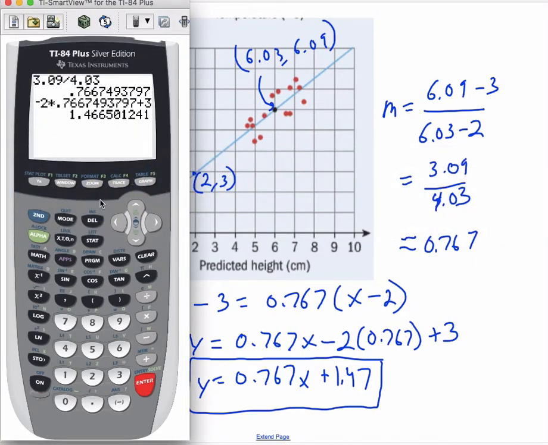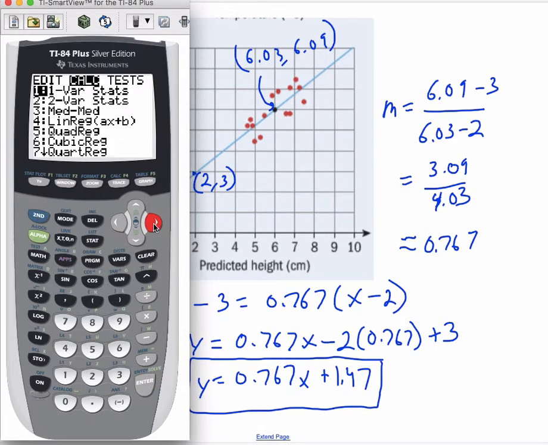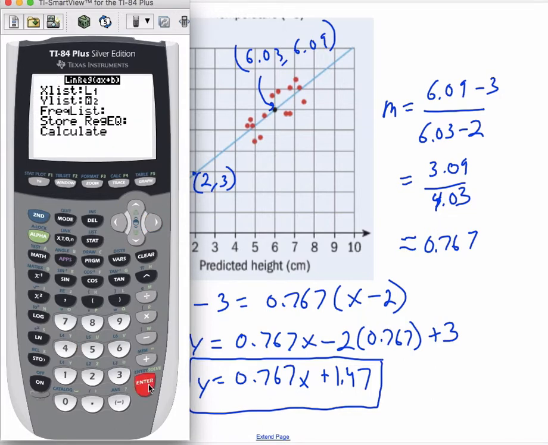We're going to find a linear regression line, and I'm going to go to Stat, Calc, and then number 4 is linear regression. Make sure it says L1 and L2. Press enter a bunch of times. And we got r, the correlation coefficient, on the bottom. It's 0.76, so it's a strong correlation. And here we have an equation y equals ax plus b.